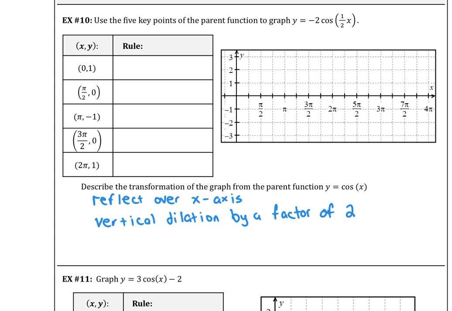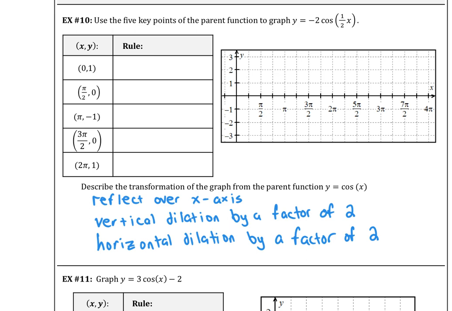And then the 1/2 x being multiplied on the inside is a horizontal dilation. And remember, horizontal is the reciprocal, so that's by a factor of 2 as well. Okay, horizontal dilation by a factor of 2.